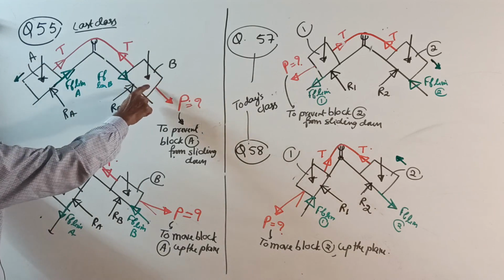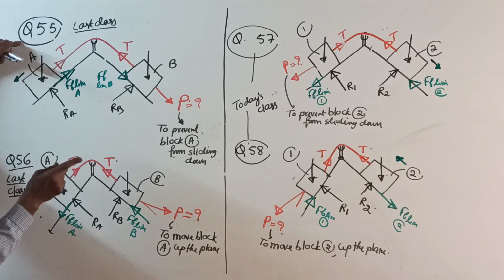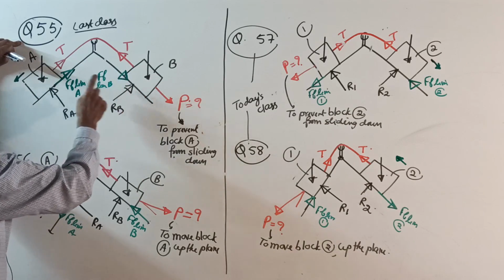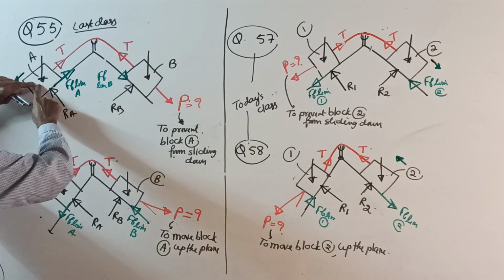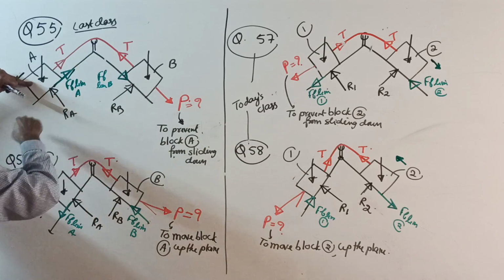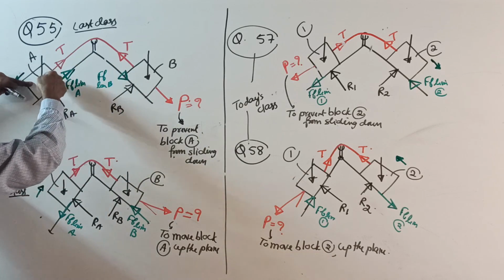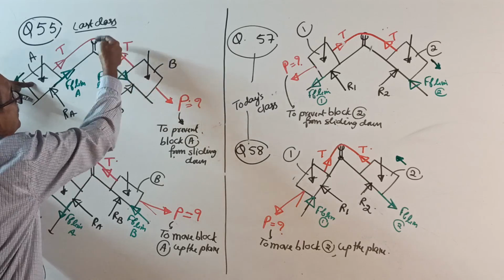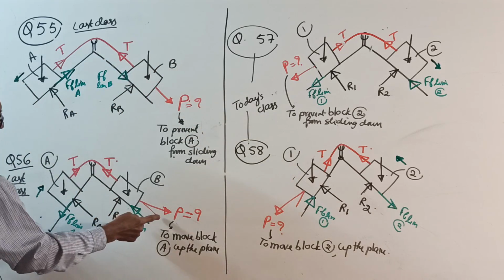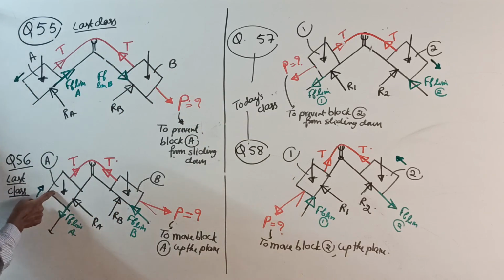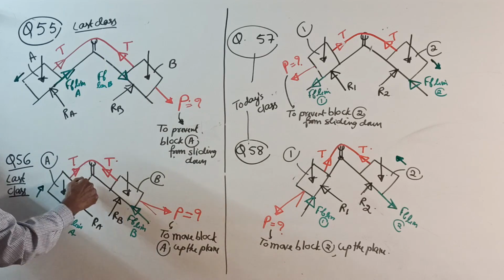The first case is the question from last class, first question 55. We want block A on the verge of sliding down, friction up. When it is sliding down, this will move up, friction down. The second question last time was block A moving up, so friction down.